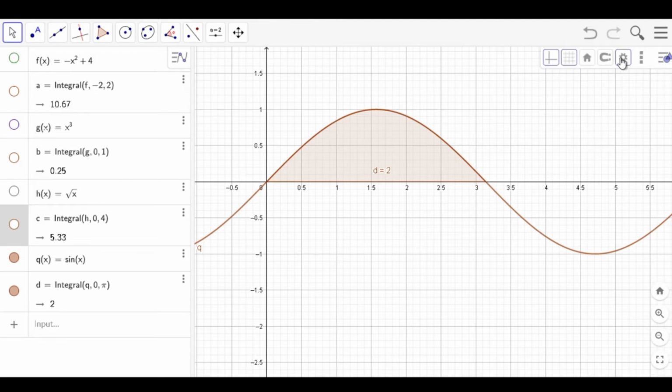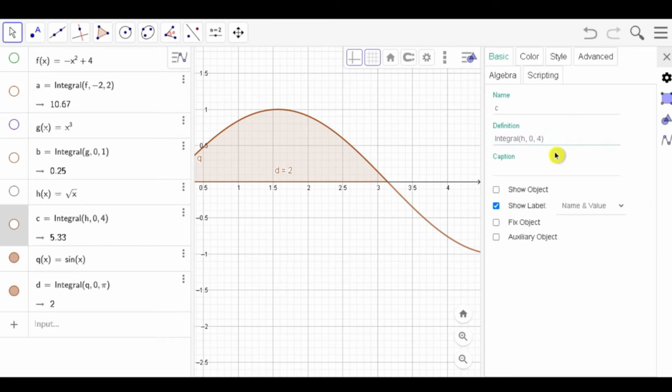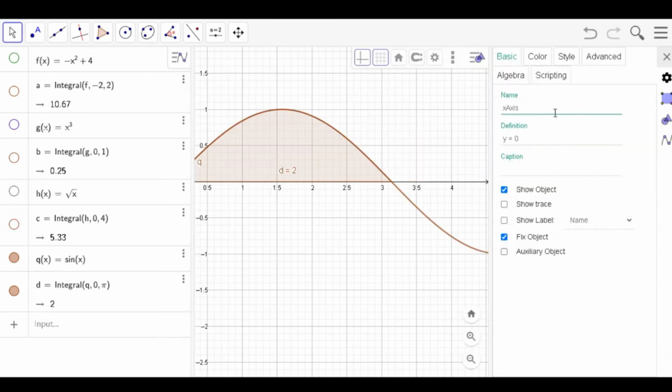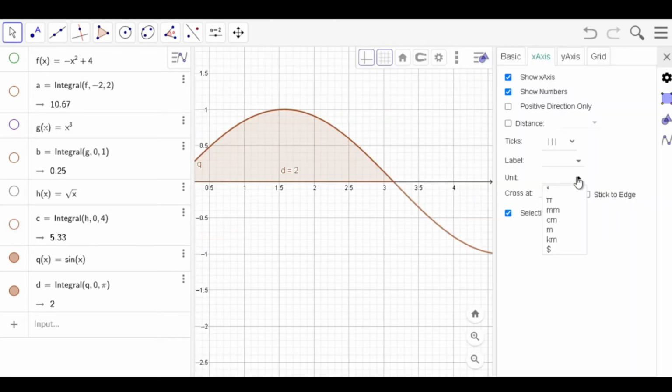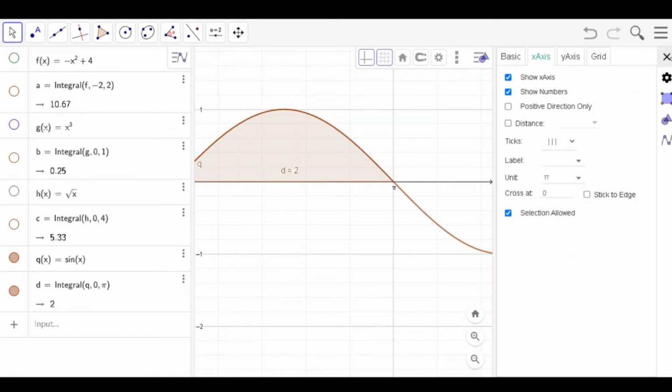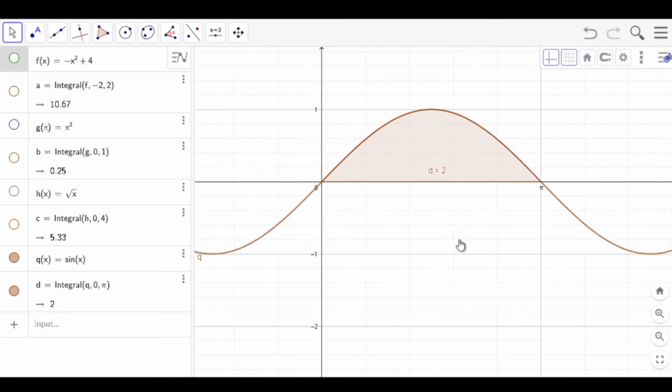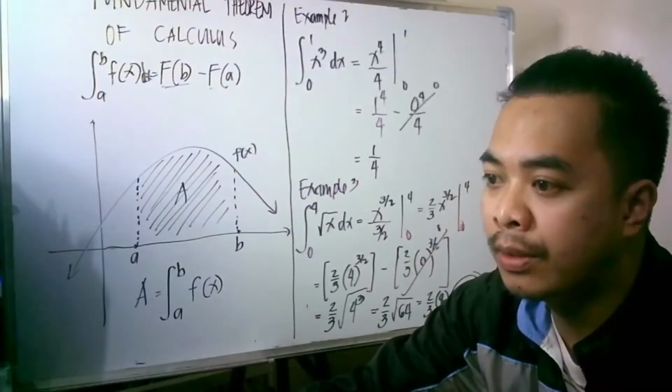Palitan natin yung unit ng x-axis natin into radians, no, para makita natin. Ayan. So, ang function natin ay sin x. Gusto nating i-integrate yan from 0 to pi. Ibig sabihin, itong area ang gusto nating i-compute. So, let's go back to our board.